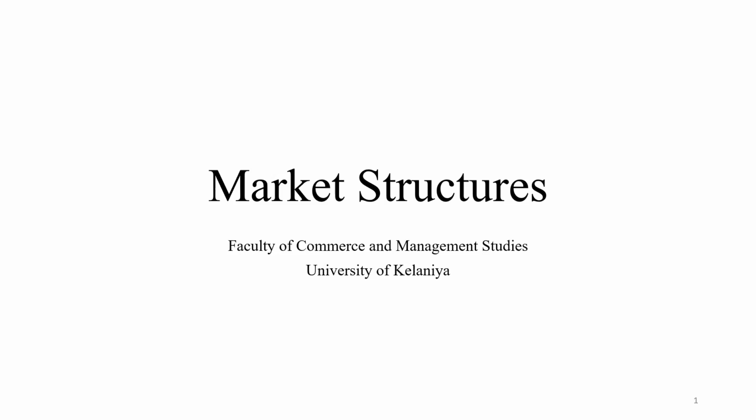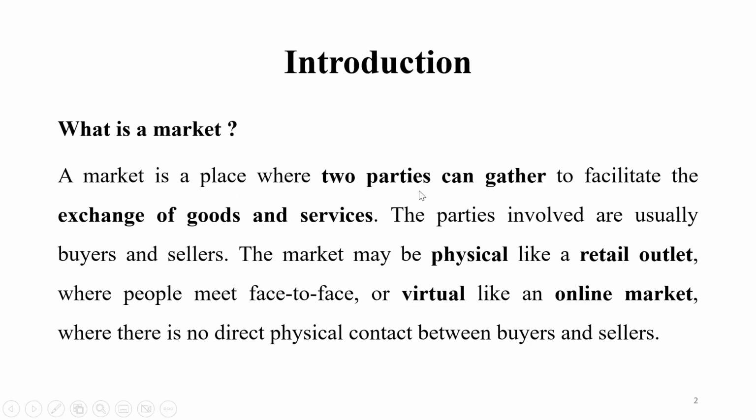First, before moving to identify those different market structures under the topic of market structures, we'll see what a market is. What is a market? Normally, to purchase goods and services, we go to a market, right? That market may be the fair, the boutique, or the supermarket.